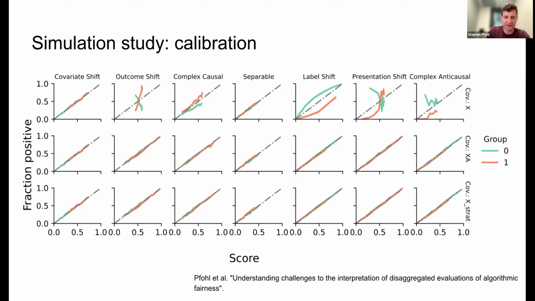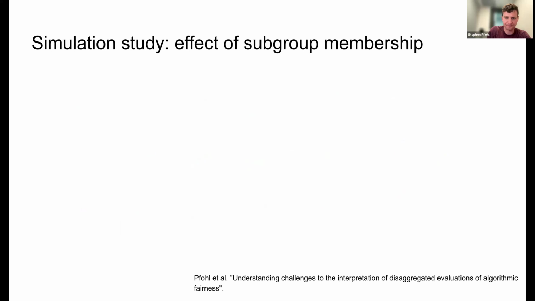So in general, these results correspond to what I've described so far. We see that when we use only the covariates for prediction, our model satisfies sufficiency only when the covariate shift assumption holds and when the data is separable, but violates sufficiency in all other cases due to subgroup miscalibration. And when we use subgroup membership for prediction through either approach, we do get sufficiency.